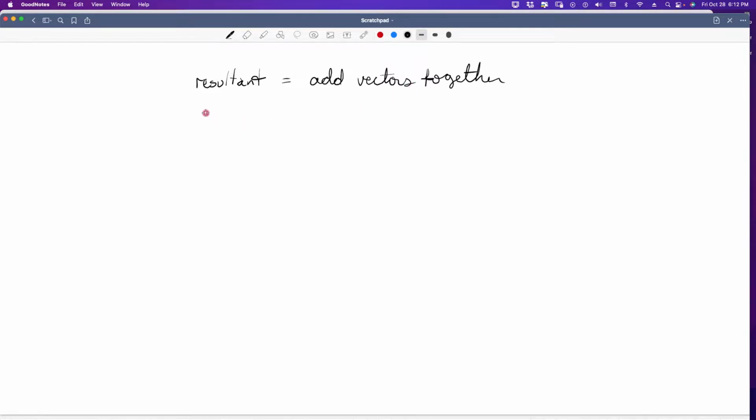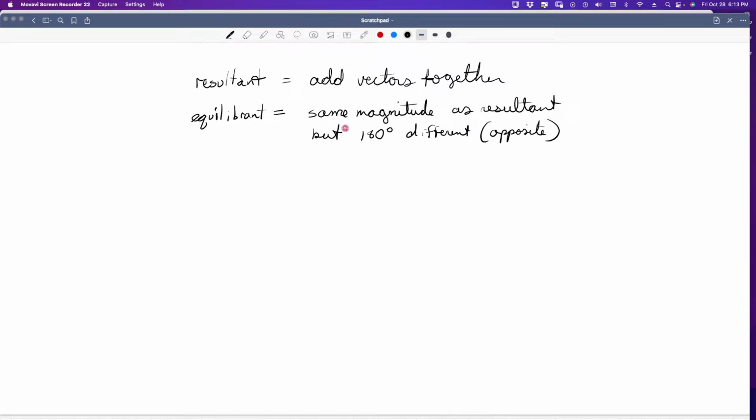Then there is an equilibrant. Let me put that up here. EQ. That's supposed to be an I. So the equilibrant has the same magnitude as the resultant, but it is 180 degrees different.